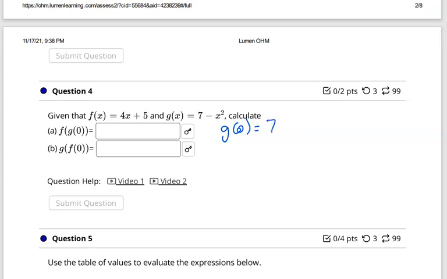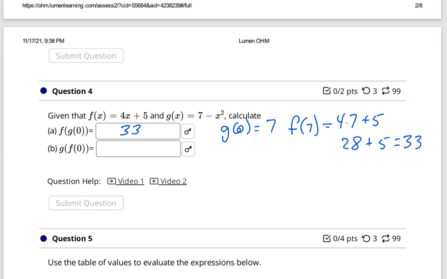Now I need f of g of 0. That means f of 7. Well, when I put a 7 here for x, it's 4 times 7 plus 5, or 28 plus 5 equals 33. So f of g of 0 is 33.